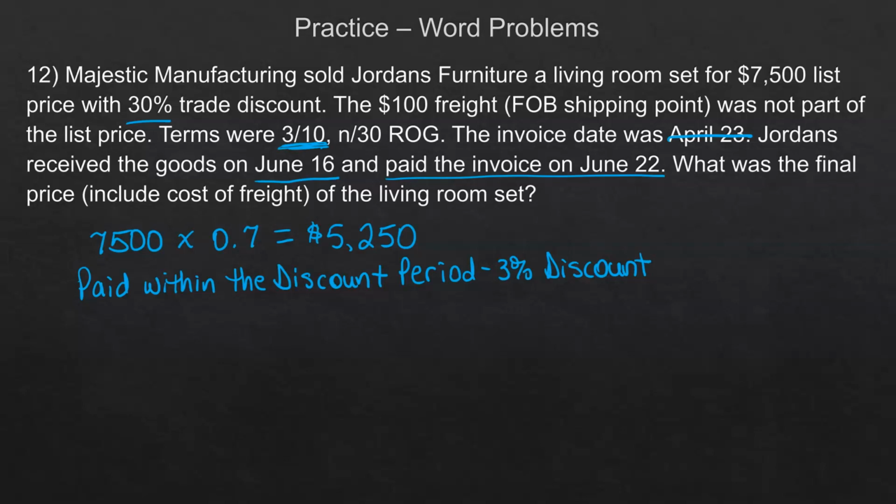All right, so now we get to take the cash discount, right? Remember the other one was a trade discount. The cash discount is because they are paying promptly, right? Quickly. And so they get another 3% discount, which is a decent amount. So now they owe $5,092.50.